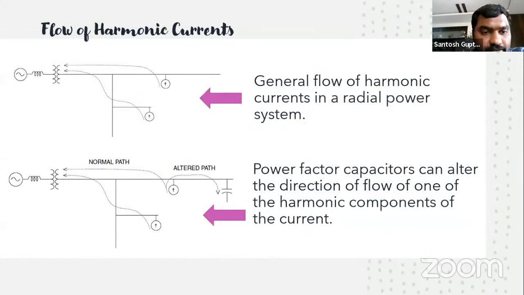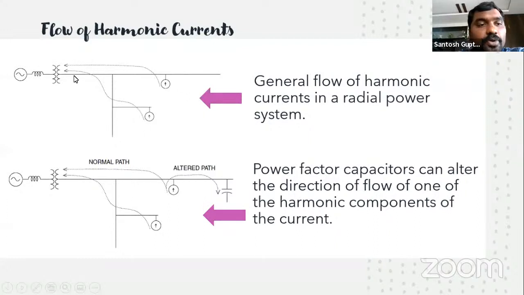If you see here, this is your system and these are your loads, nonlinear loads. The harmonics will always try to flow through the lowest impedance path. Whatever harmonics are generated at your load points will flow towards the source, since there is no other point to which they can go.